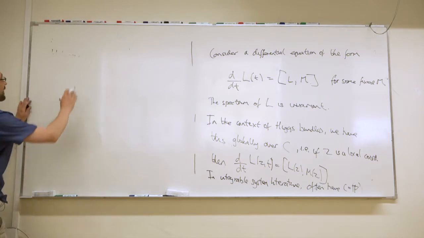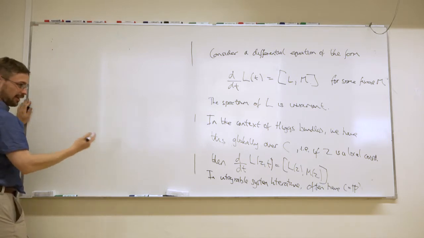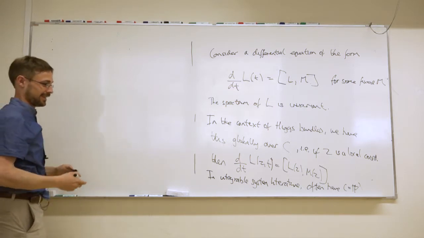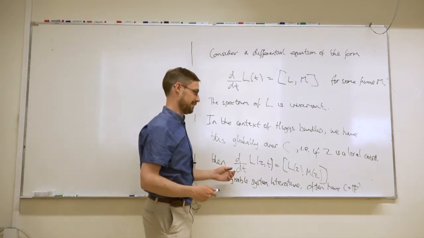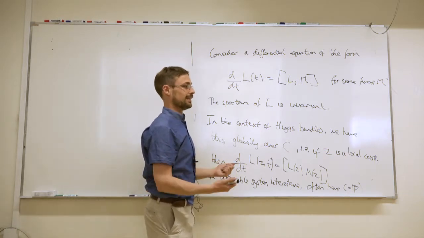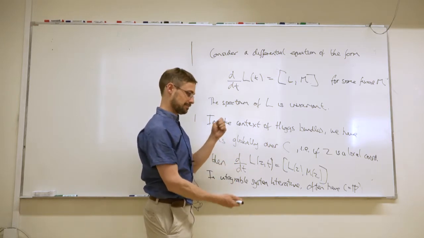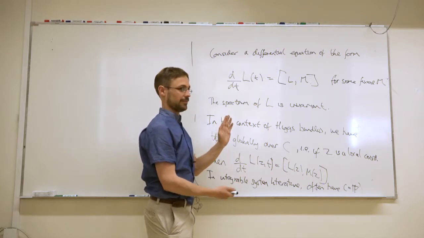So what I'm trying to say is we have Hamiltonians for the Hitchin integrable system. If I have a Hamiltonian vector field, what do we know about it? Well, it preserves the fibers of the Hitchin fibration.